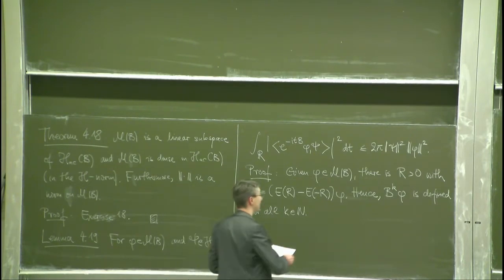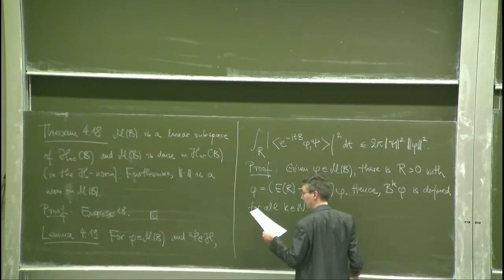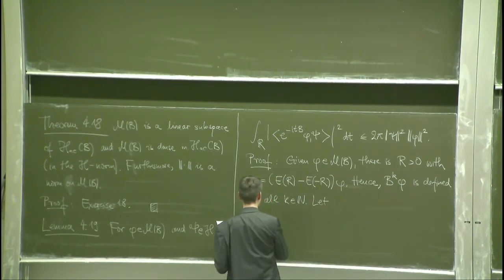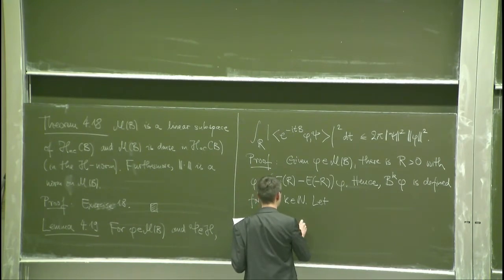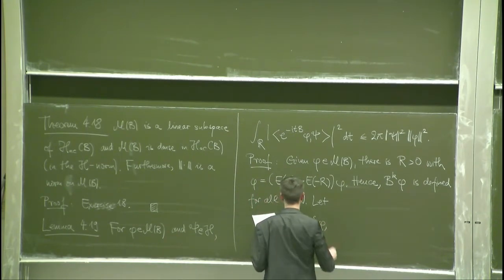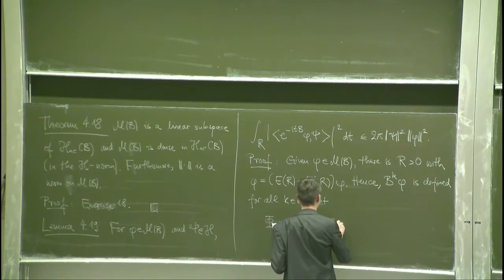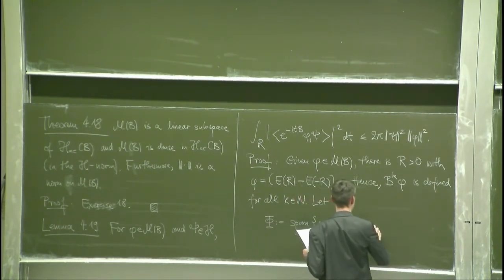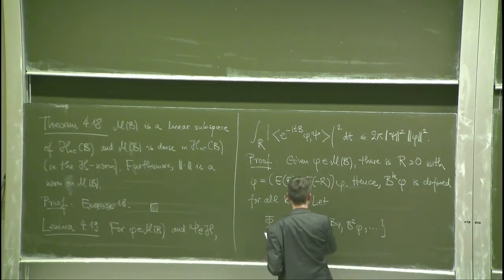Yeah, and when any of this is defined, we can define the following space. So let capital Phi be the closure of the span of phi, B phi, B to the power of 2 phi, and so on. And you take the closure of this.